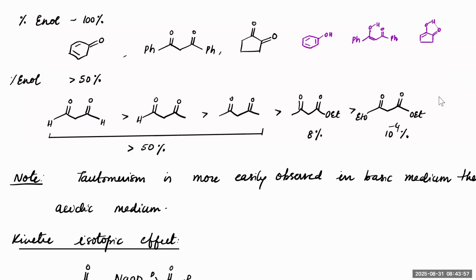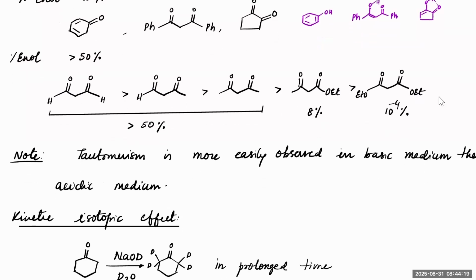As you keep going, you will see these three groups have enol content greater than 50 percent. But by the time you reach ketone or diketone, ester or diesters, the percentage enol decreases drastically.